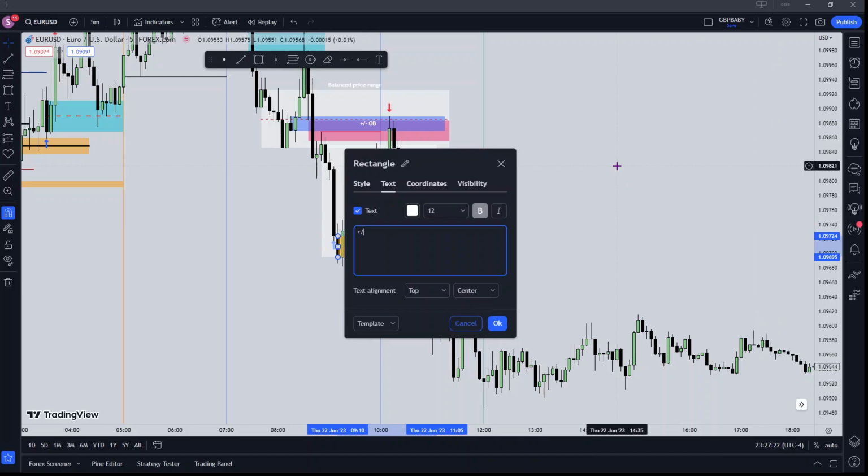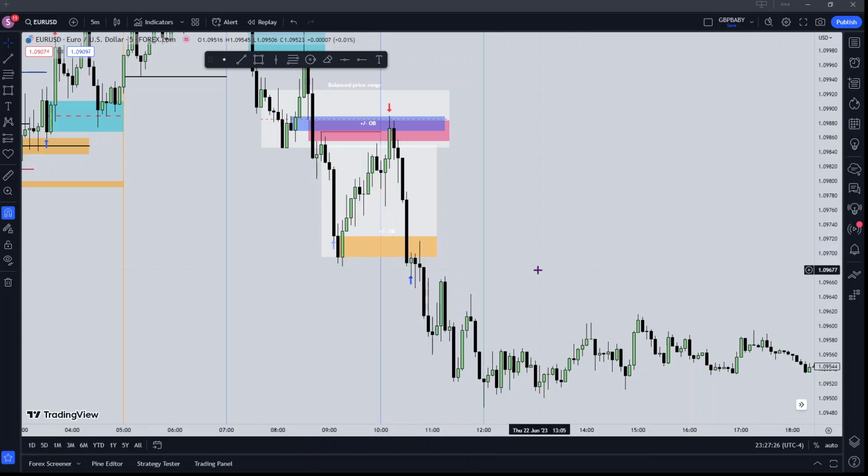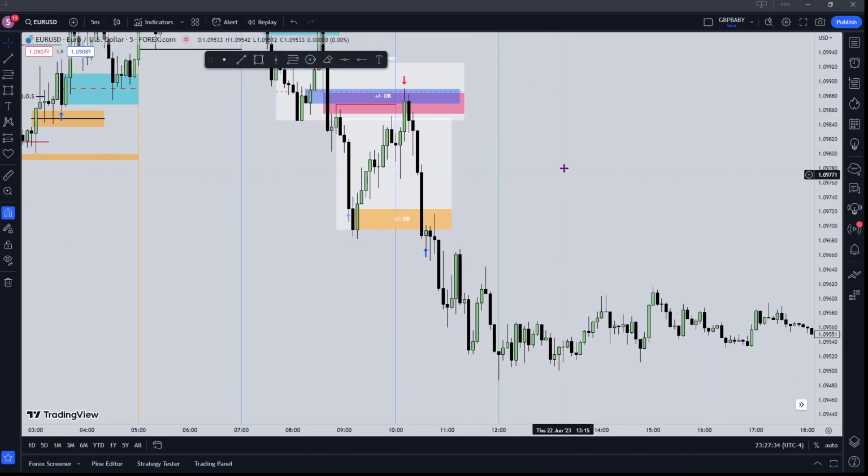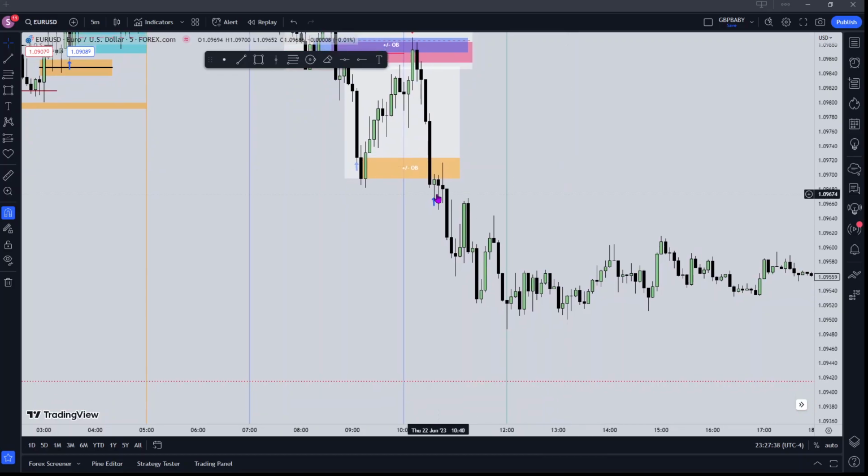This is a bullish turn. Bearish OB. Let's put that inside. And then price kind of gets sloppy around here.